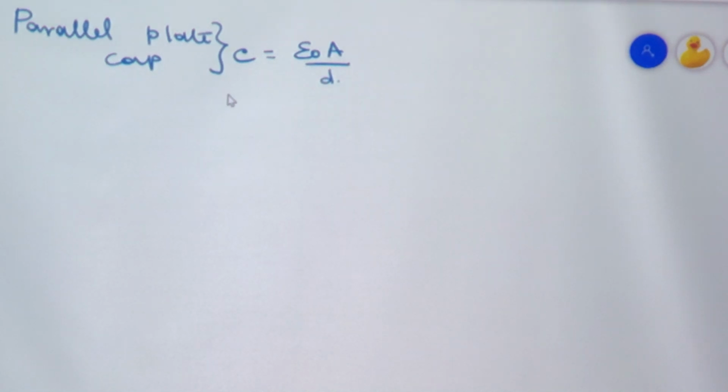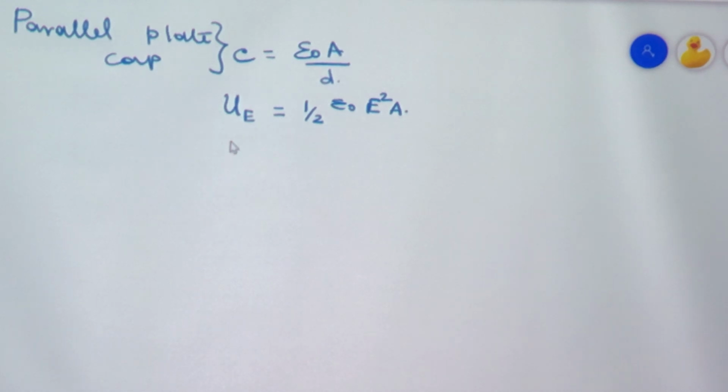And when you are considering the energy, the potential energy stored in the capacitor is U equal to half into epsilon 0 into A into E square into d.